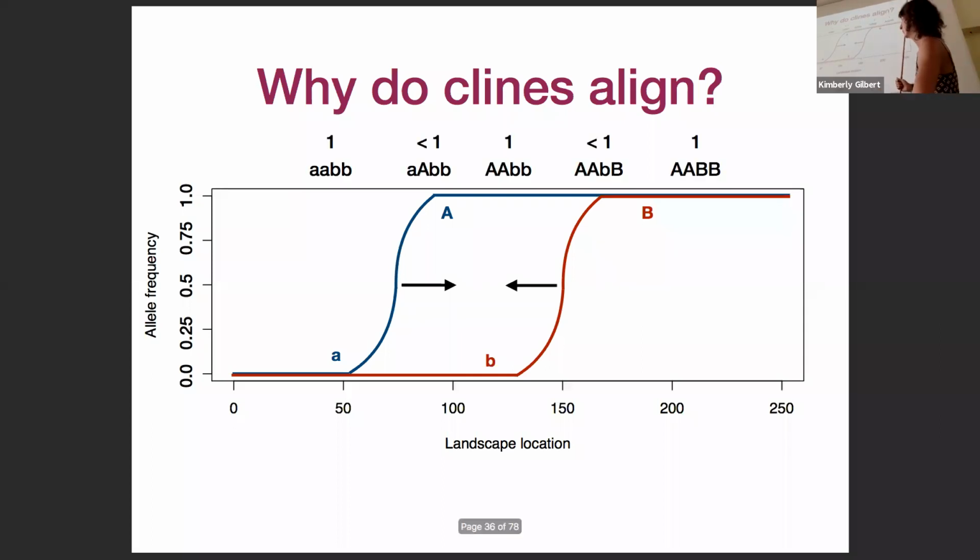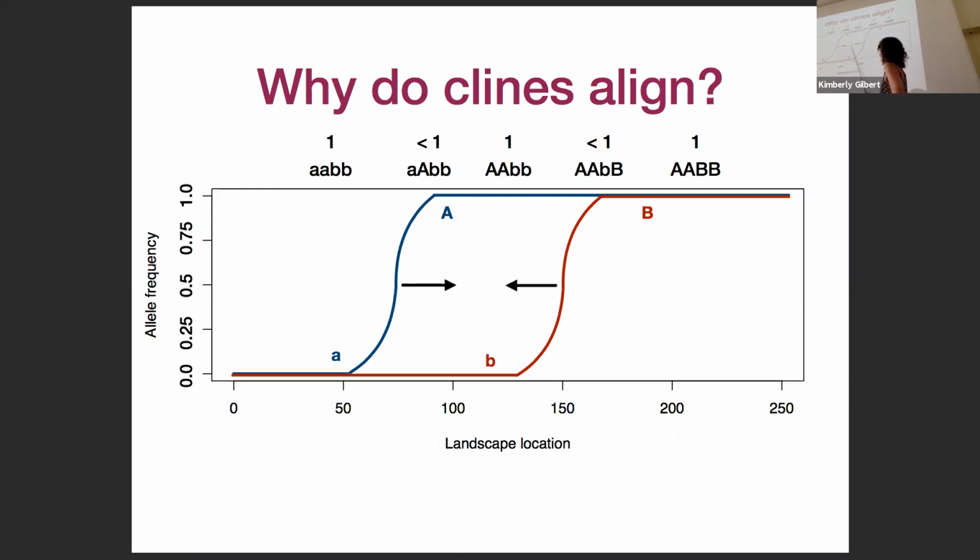There's one important caveat, but I didn't get to it yet. So if we think of what genotypes are existing, over here we have little a and little b, so these are homozygous, these are the most fit. Same on the far right, big A, big B, these are also the most fit. And in this area where we have the big A cline, we have heterozygotes at the A locus and homozygotes at the B locus, so some fitness less than 1.